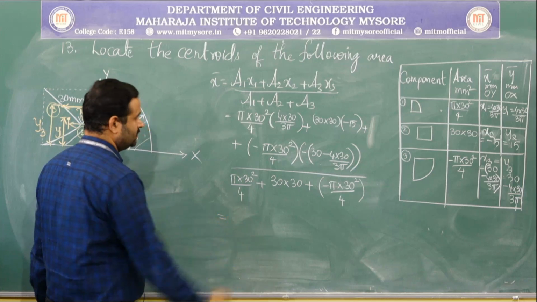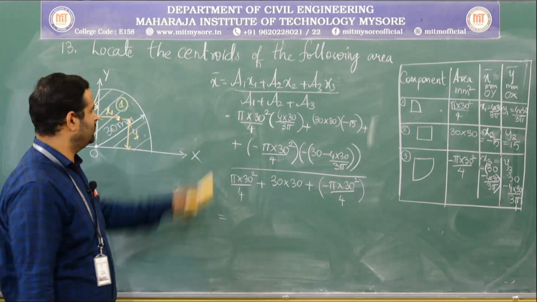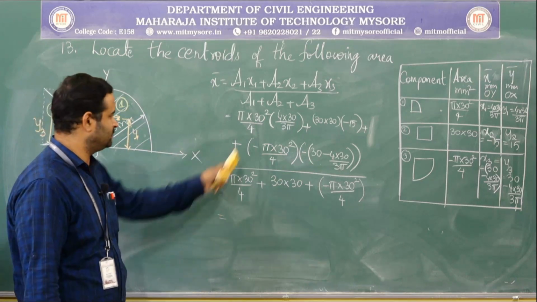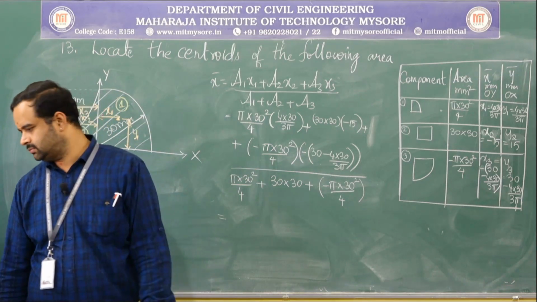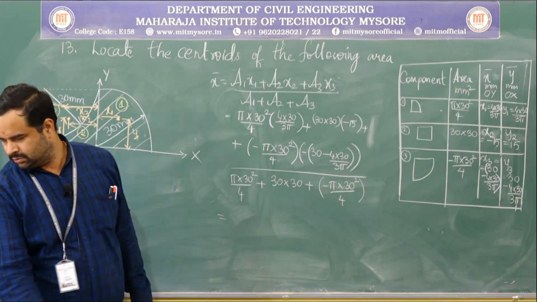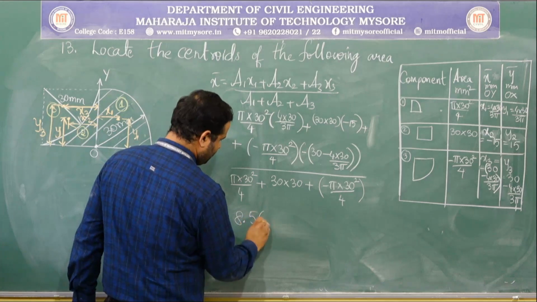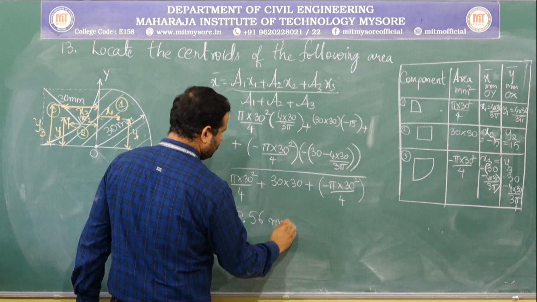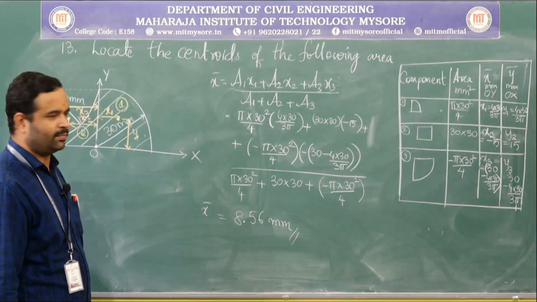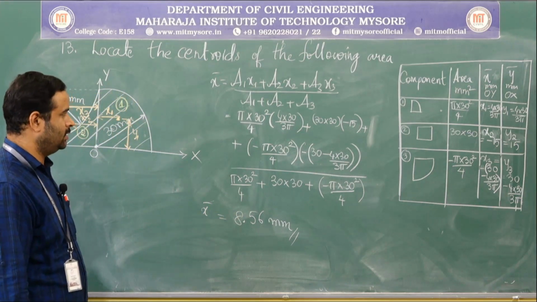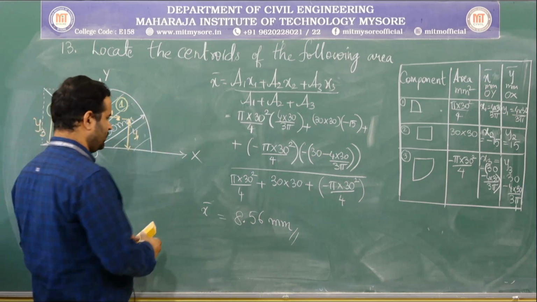After substituting the A1, X1, A2, X2, A3, X3 in the X bar formula and substituting the values, we get X bar is equal to 8.56 mm. Similarly, we shall calculate the Y bar.